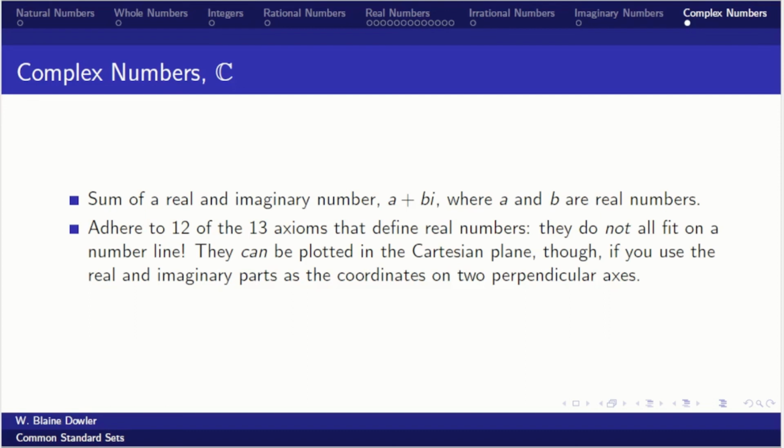If you use the real and imaginary parts, you use them as typically real on the x-axis and the imaginary numbers on the y. And that would allow you to put the complex numbers in the plane with the coordinates, and then you can make a consistent algebra. You just have to remove axiom 12 from the real numbers.